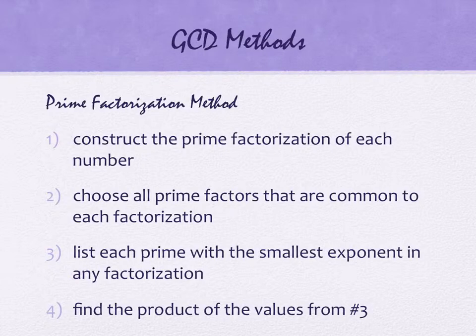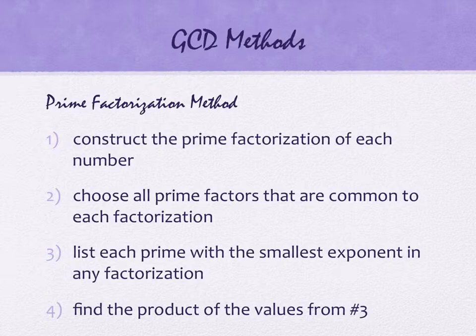Step 2 says to look at those factorizations and find the prime numbers that are in both of the numbers that you're working with, or all 3 of them, or all 4 of them, however many numbers you're trying to find them for. What number is common to all of your numbers? What prime numbers? And you're going to use that number. Okay, that's step 2. Step 3 says those factors that you just wrote down, those prime numbers, you're going to give them exponents.